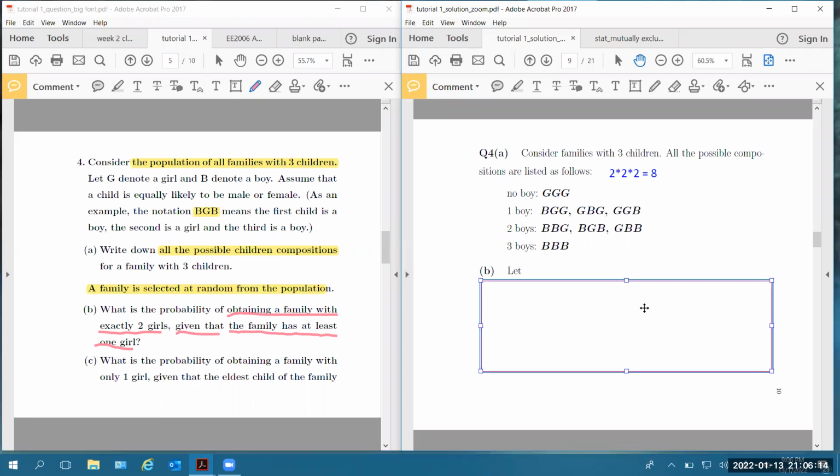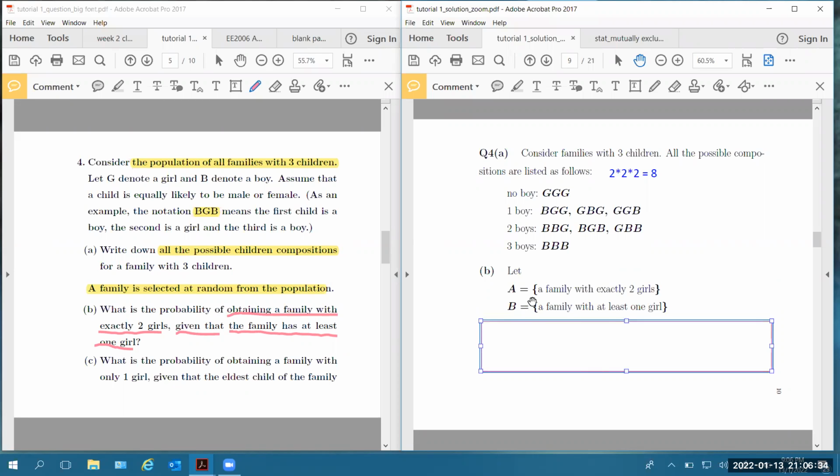All right, so now we go and do that. How to do that? Let's define the 2 events. What is the probability of A given B? So let's call them A and B. My A is the first item, family with exactly 2 girls. Given that, this will be my B: family with at least 1 girl.